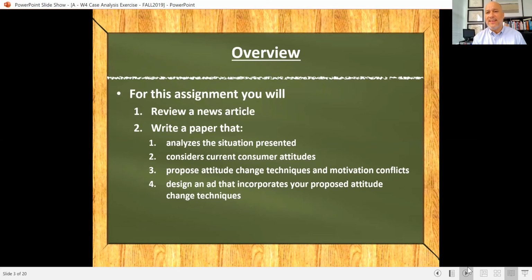For the case study assignment, you're going to review a newspaper article. This isn't too long, and you're going to write a paper. And in that paper, you're going to analyze the situation in that article. You're going to consider consumer attitudes in that article, ways to change those attitudes, the motivations and motivational conflicts that may also exist.